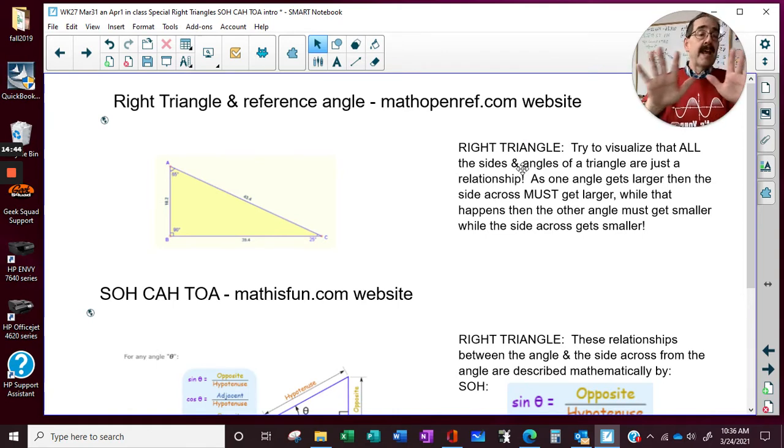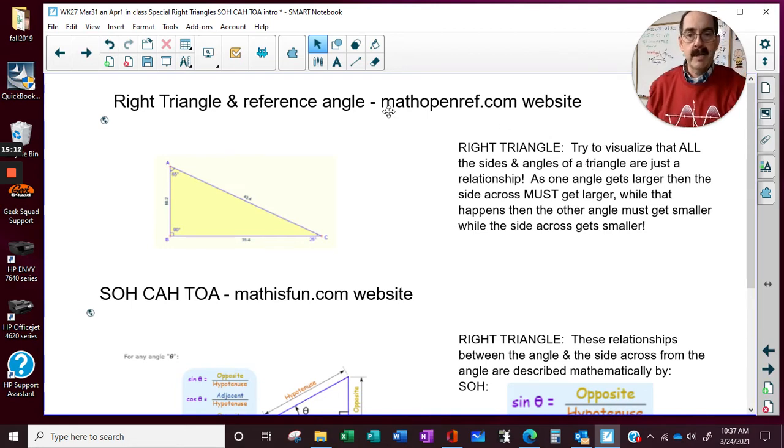And he's going to show you mathopenreference.com, an outstanding website for math. Okay? All things geometry. We want you to visualize that all the sides and angles of a triangle are just a relationship. As one side gets bigger, the angle gets bigger. So as the angle gets bigger, this side gets bigger. But if this stayed 90 degrees, then as this one got bigger, this one gets bigger.